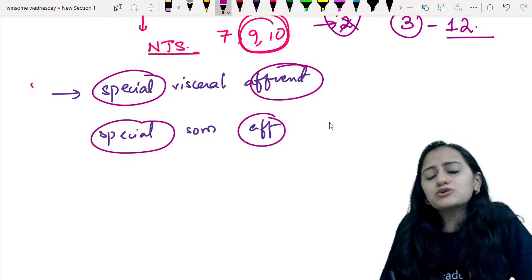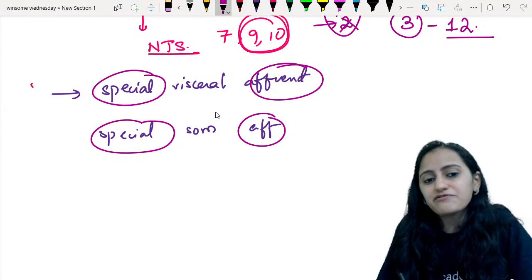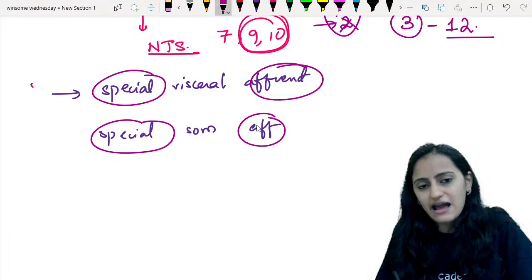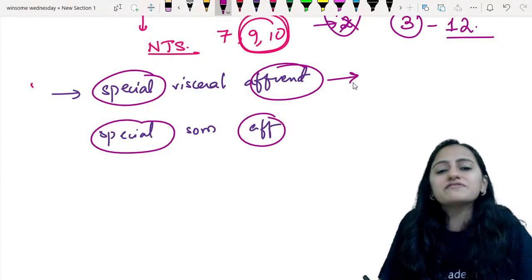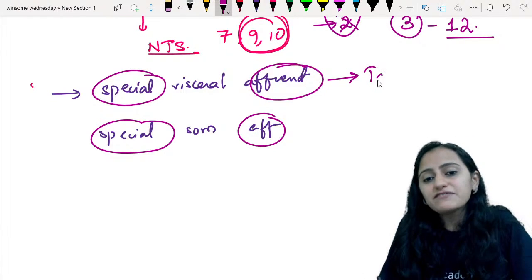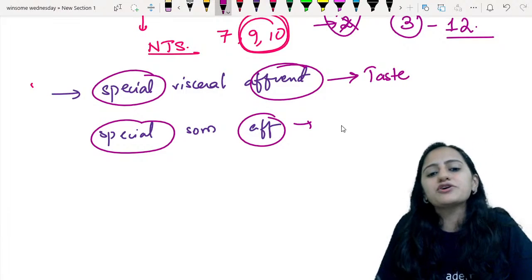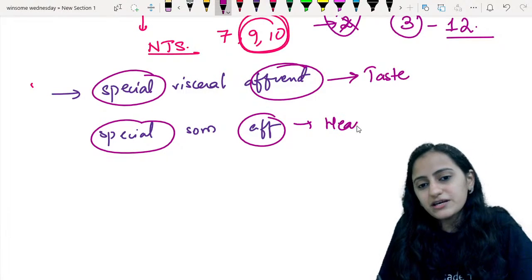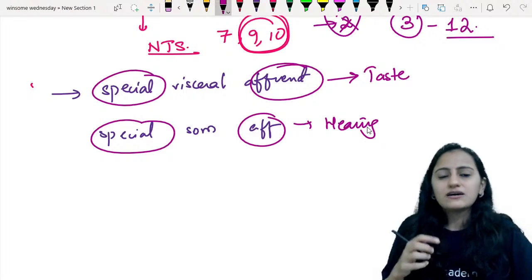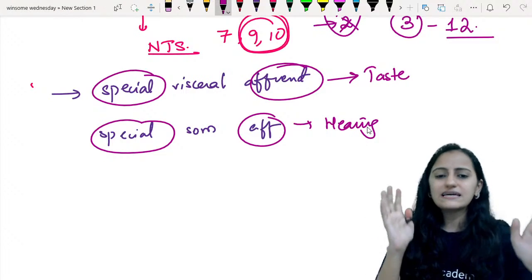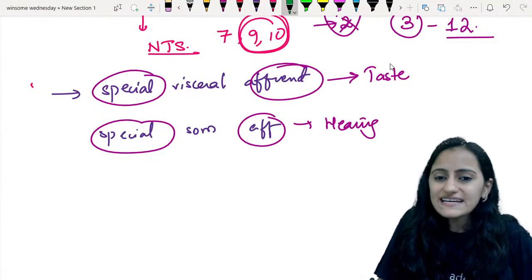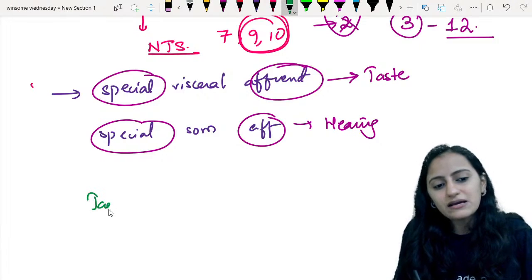So what is included in your special visceral afferent and special somatic afferent? In your special visceral afferent, you have the taste sensation. Somatic afferent is your hearing. So hearing is the special sense. Smell and vision we said we do not include. So taste we know is carried by what?